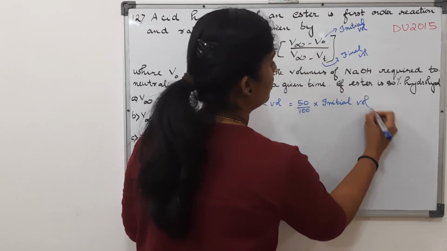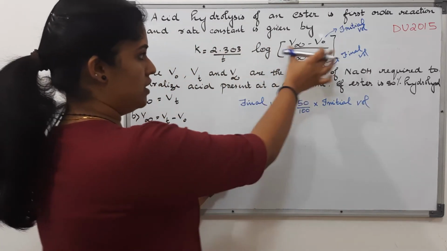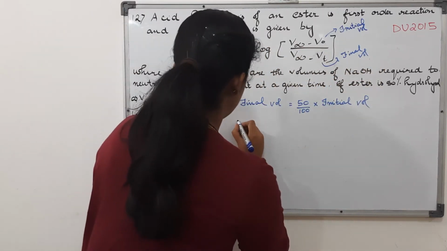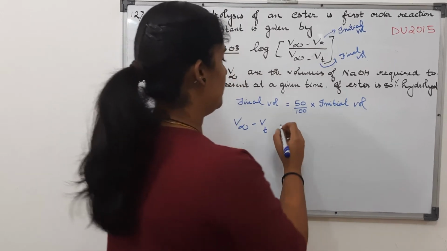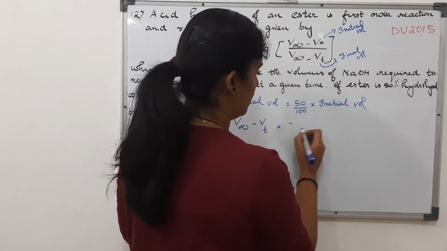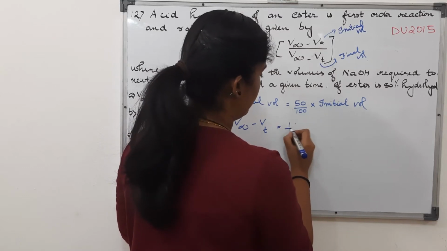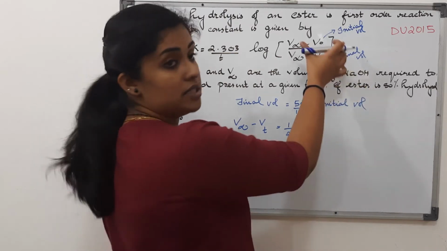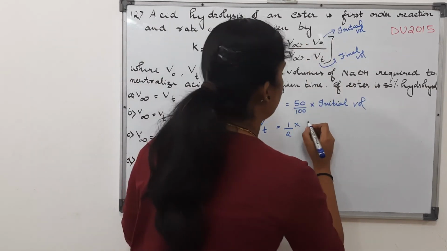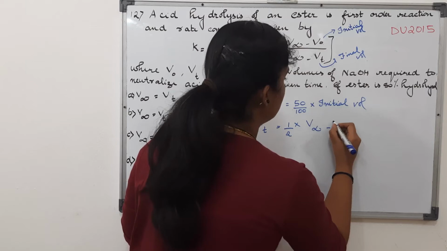Now what is the final volume from this equation? We got the final volume to be V infinity minus Vt. Now that is equal to 50 by 100, that's 1 by 2, into, what is my initial volume from this equation? My initial volume was V infinity minus V naught.